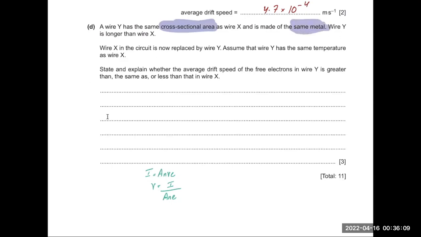Same metal, which means same resistivity. So no change in resistance. But wire Y is longer than wire X. So the formula R equals rho L over A. A is constant, rho is constant, L is greater, because the wire is longer. That means wire Y has a greater resistance than wire X.